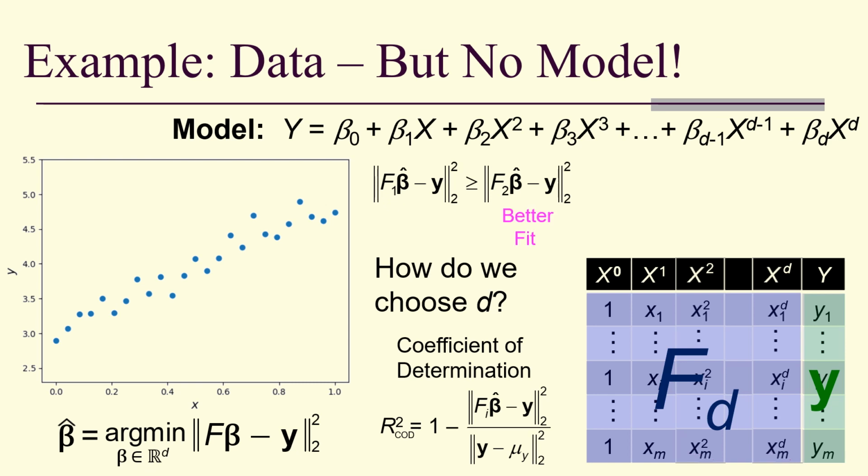Therefore, the quadratic will be a better fit than the linear, always. And the cubic will be a better fit than the quadratic, always. And that continues indefinitely. The best fit is going to be when we use all of the features. But is that the best model?